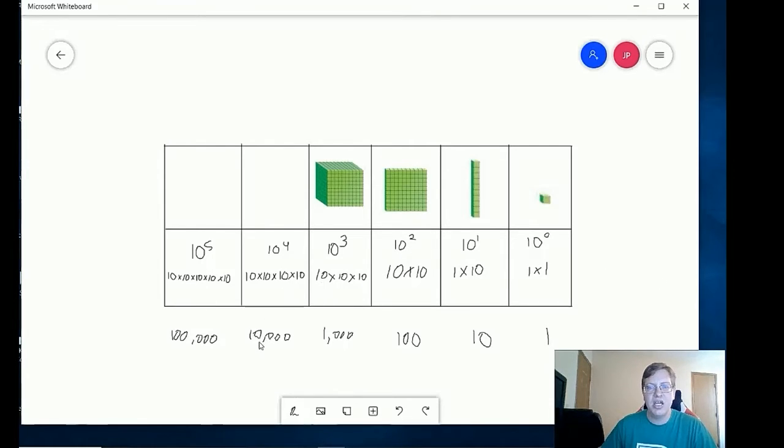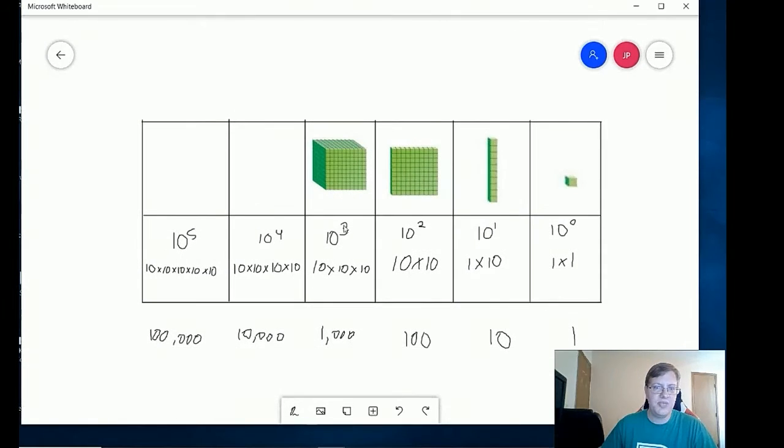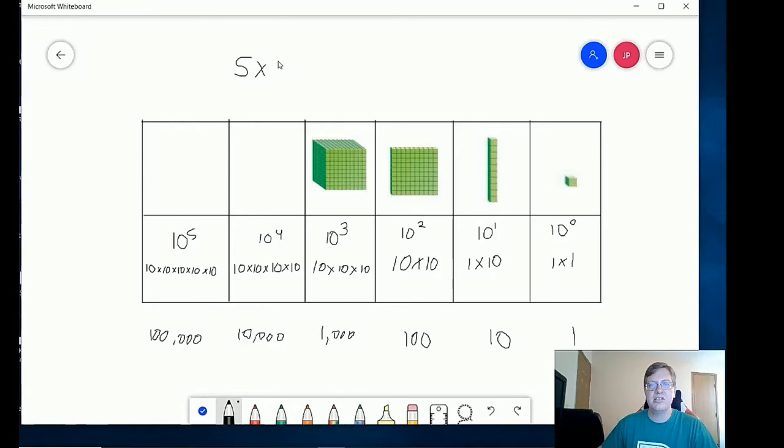So if I wanted 1,000, I would have 3 zeros at the end, and that would be 10 to the 3rd power. So if I took, let's add a number here, if I do 5 times 10 to the 3rd power, then it would be the same thing as multiplying 5 by 1,000, which would give us 5,000.